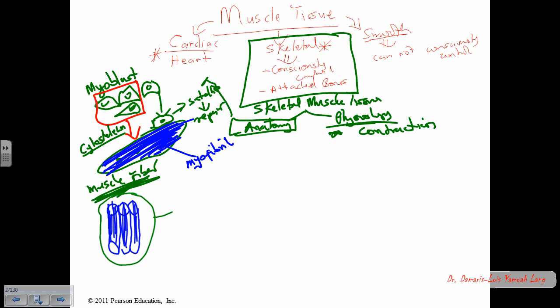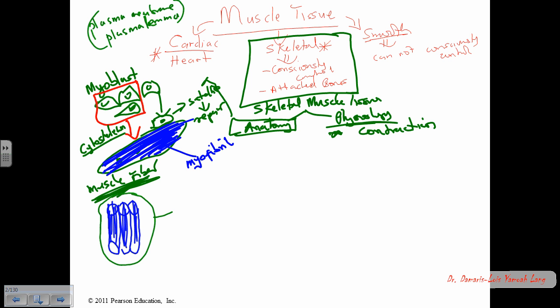The other name for plasma membrane is plasma lemma. Just have this at the back of your mind. I'll mention something to you shortly.